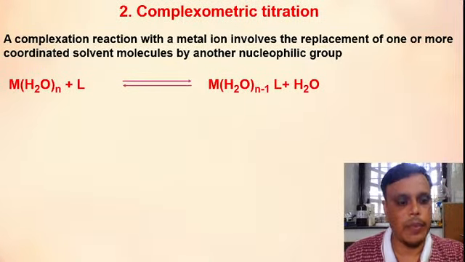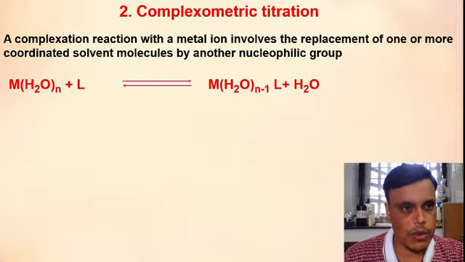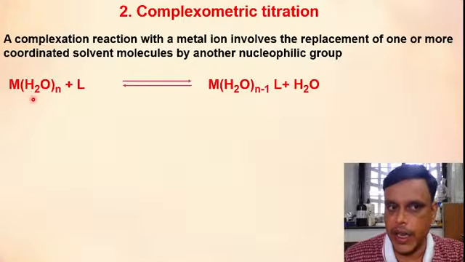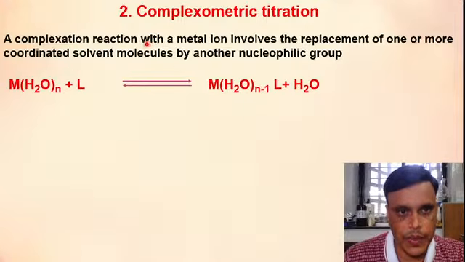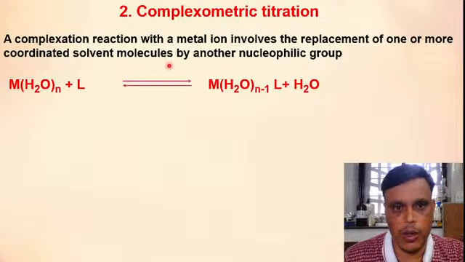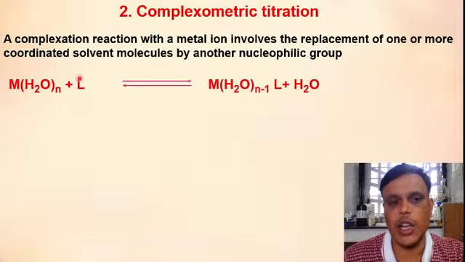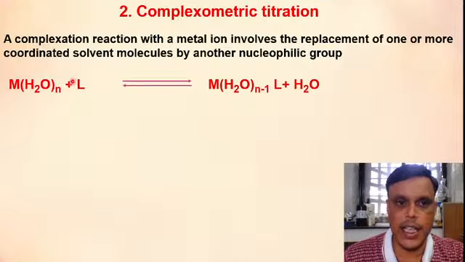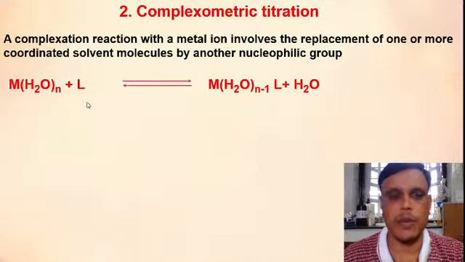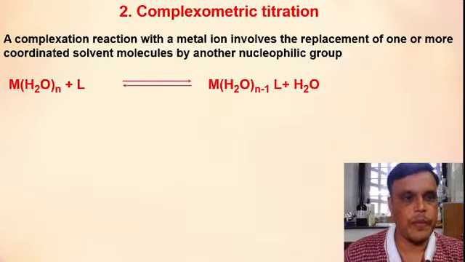So this n depends upon the coordination number. So here M indicates metal. These H2O are called solvent molecules. And this L, I have told you, is called a nucleophilic group, or in coordination chemistry it is called a ligand. So what happens?